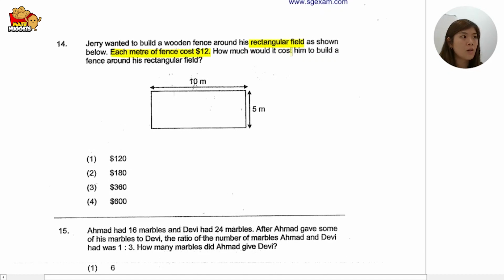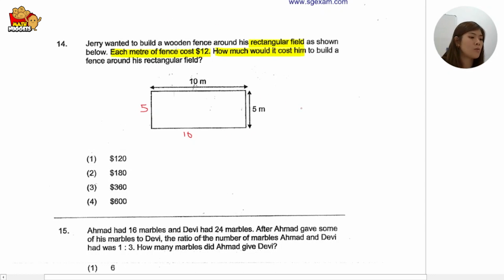So how much would it cost him to build a fence around his rectangular field? Firstly, this is a rectangular field. For a rectangle, the length is the same on both sides. The breadth is the same on both sides.